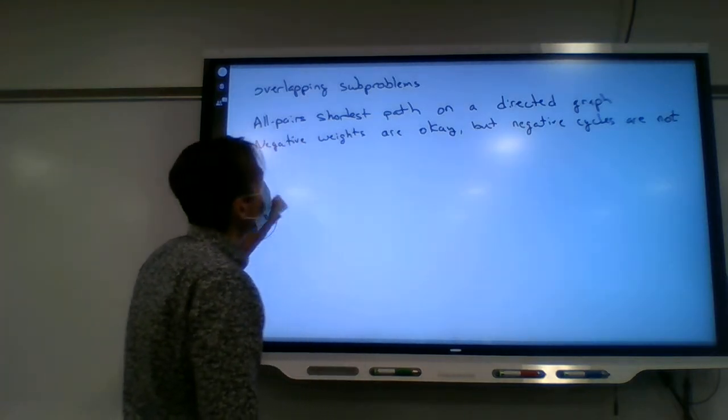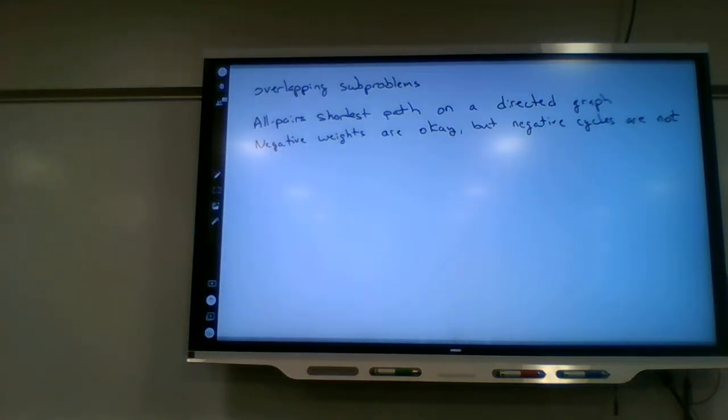But this algorithm is really designed for use in a directed graph with maybe negative weights, maybe not, but definitely no negative cycles. It doesn't tell you whether there are negative cycles automatically, though. So some algorithms, if there are negative cycles, will detect them and report that.